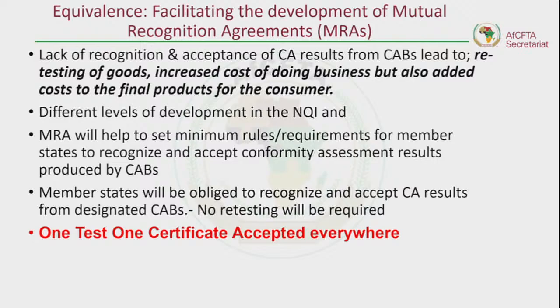Of course, as you may be aware, lack of recognition and acceptance of conformity assessment results from conformity assessment bodies has ripple effects in terms of requiring that the commodities are retested, and also increases costs of doing business for the private sector. And in the end, when exporters meet increased costs, they transfer this cost to consumers.